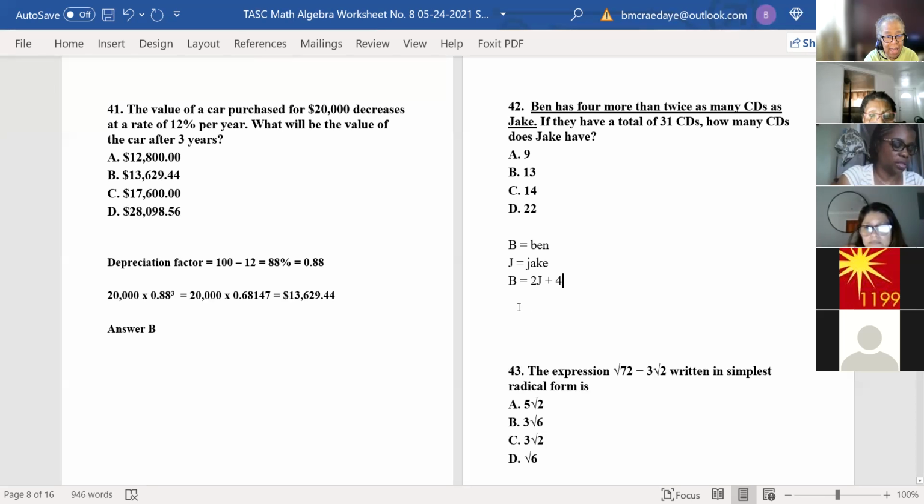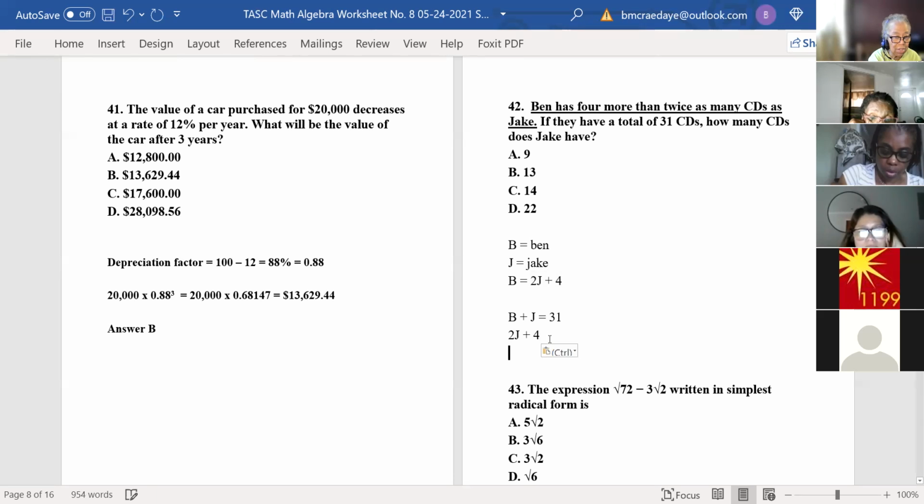Yes. Now, if they have a total of 31, that means B plus J equals 31, right? Yes. But we know that B is 2J plus 4. So let's just substitute that in for B. Now we'll just have one unknown.